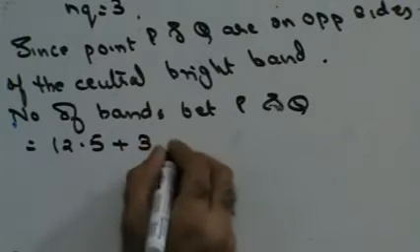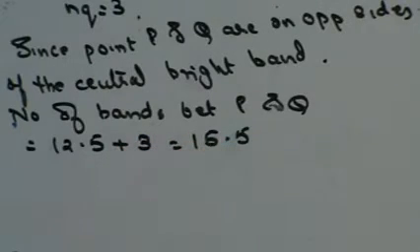From the central bright band to Q on the other side there are 3 bands. So there are going to be a total of 15.5 bands between P and Q. Right? 3 bright bands on one side, and 12 bright bands and 1 dark band on the other. Fine, do we get this? Take on the next sum please.